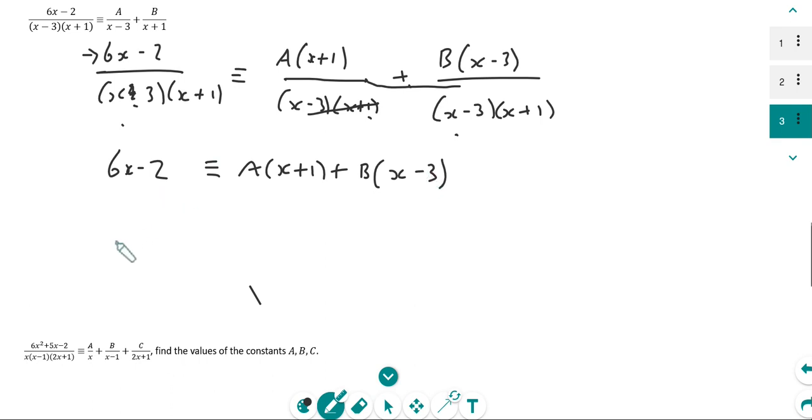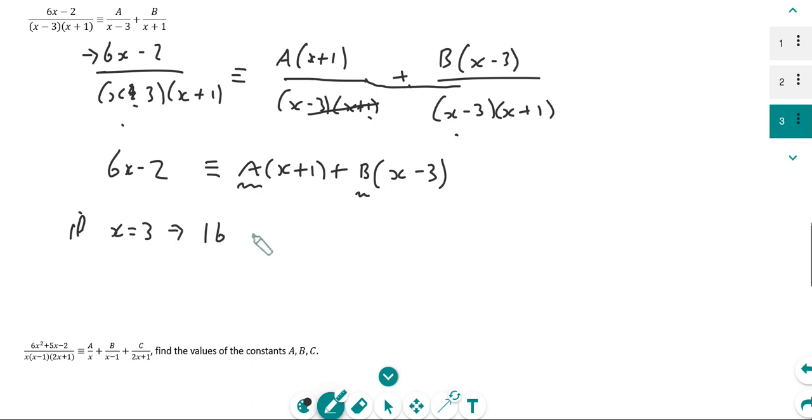And because this is true for all values of x, we can just pick values of x to make this simpler and to eliminate one of these letters. So for example, if x equals 3, what would happen? Well, on the left-hand side, you'd get 6 times 3, so that's 18, minus 2.